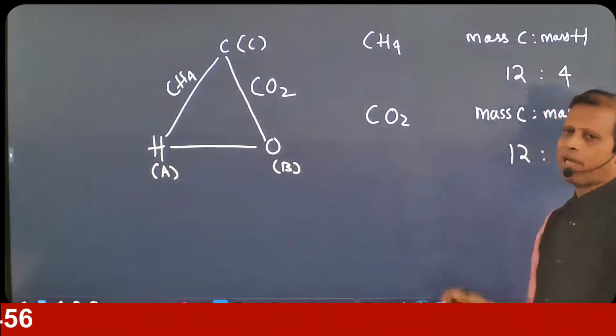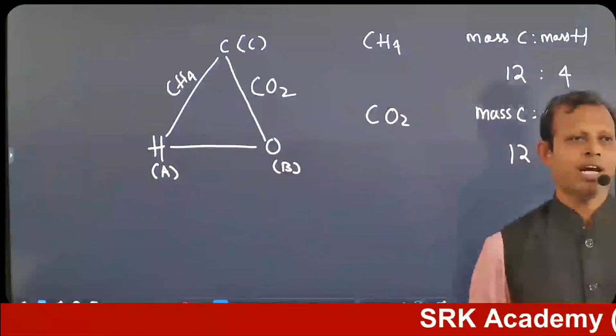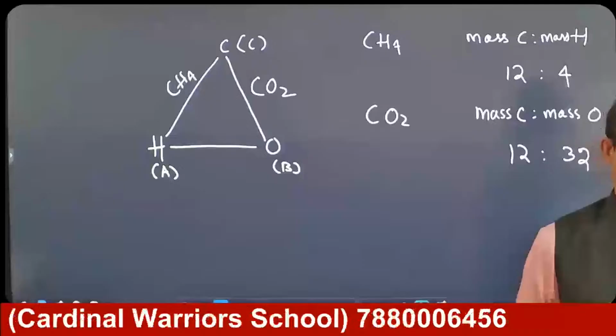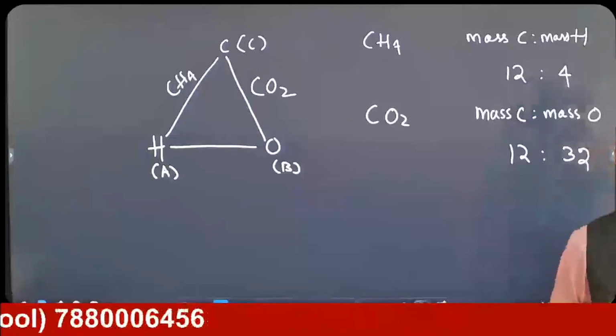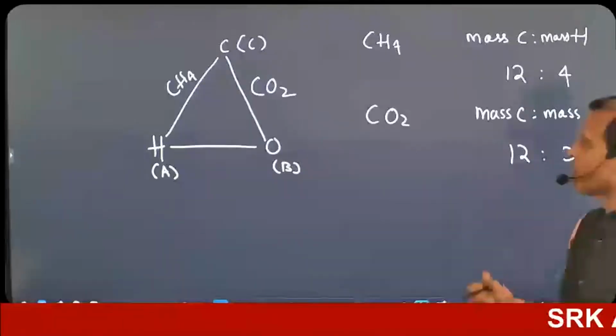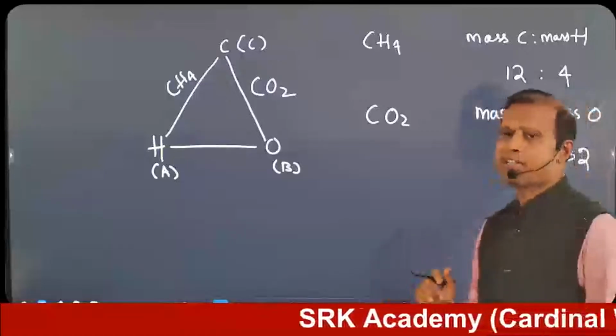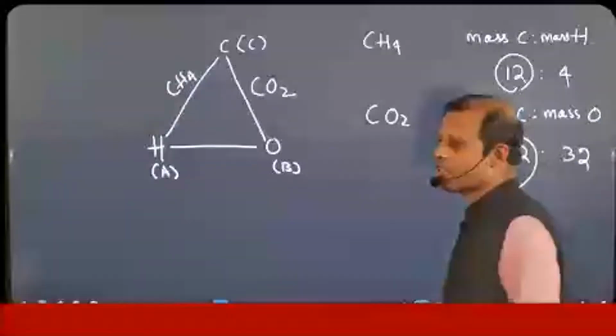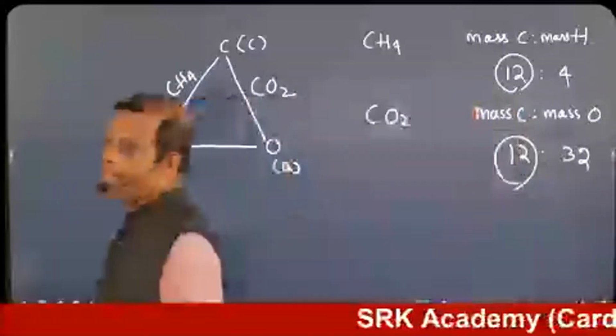The atomic mass of carbon is 12, and the atomic mass of oxygen is 16, so two oxygens make 32. Yes or no? So keeping the mass fixed, which element is common in CH4 and carbon dioxide? Carbon.